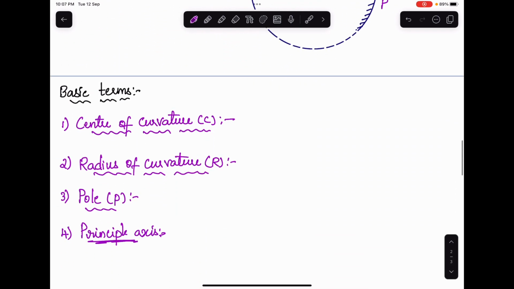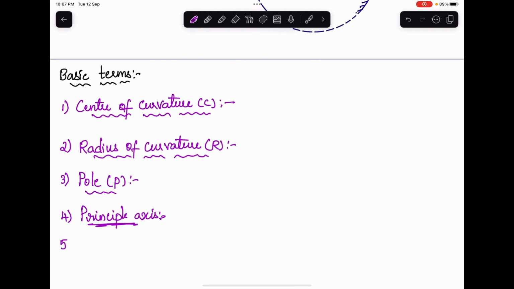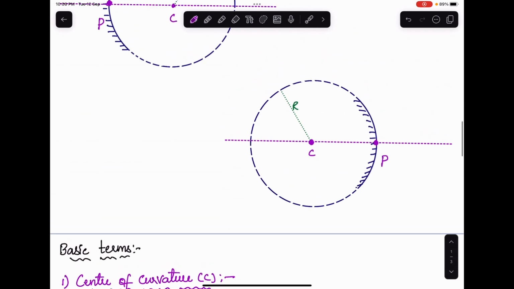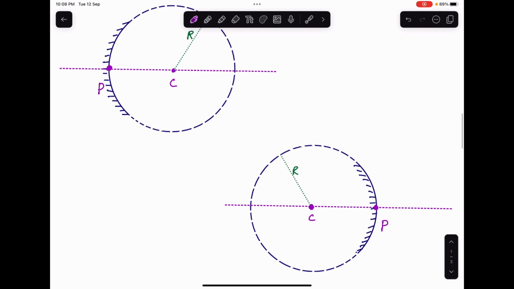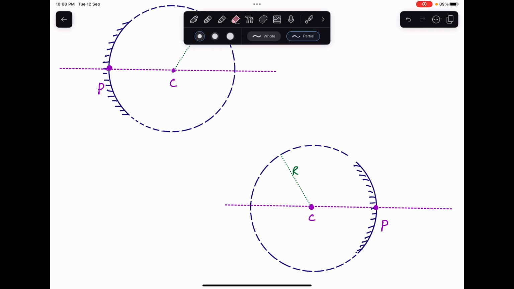And next, fifth, normal. Okay, listen children, for ease of understanding, I would like to erase the sphere patterns now, so that the diagram will be easier to understand carefully. I will show you the radius of curvature on the other side.